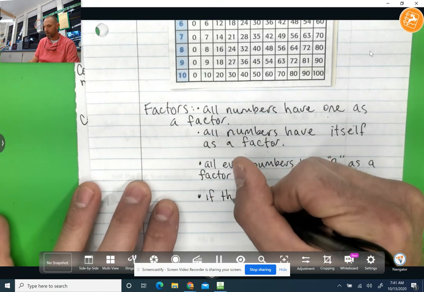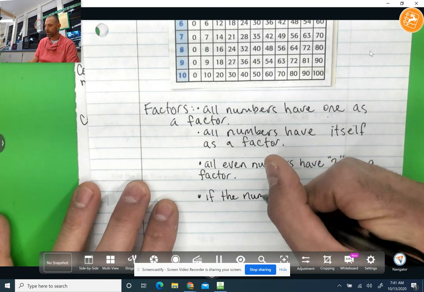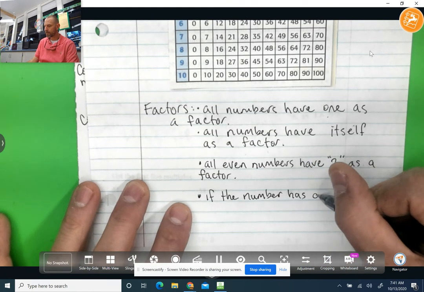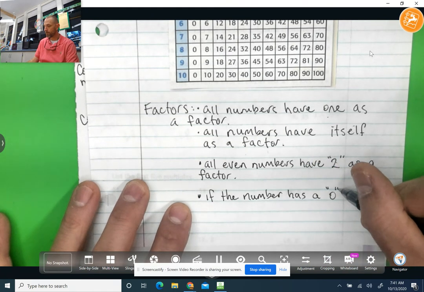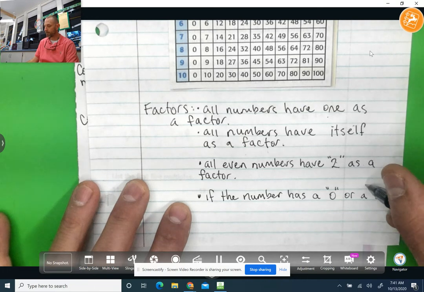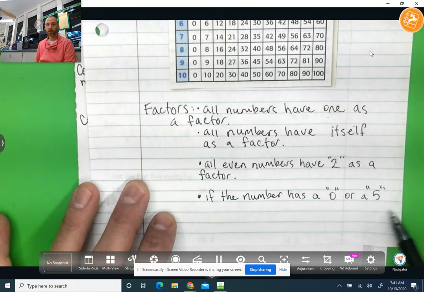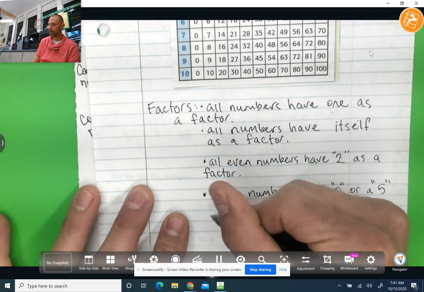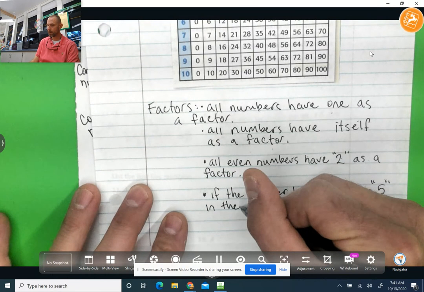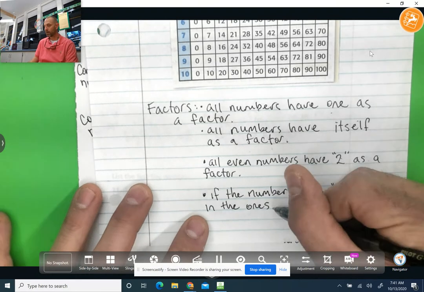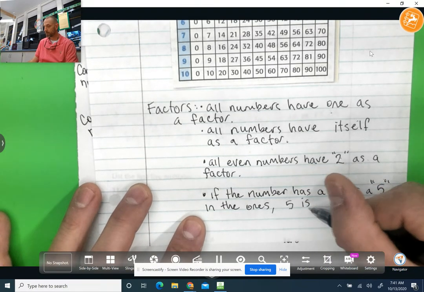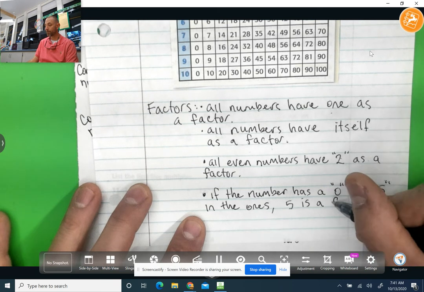If the number has a 0 or a 5 in the ones place, 5 is a factor.